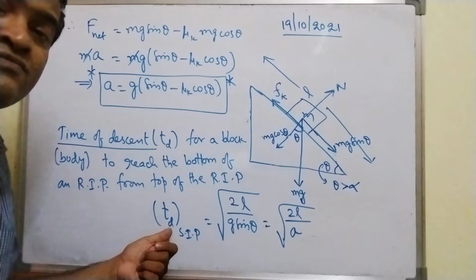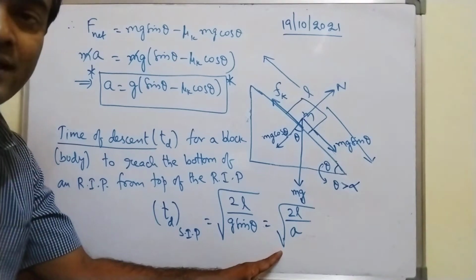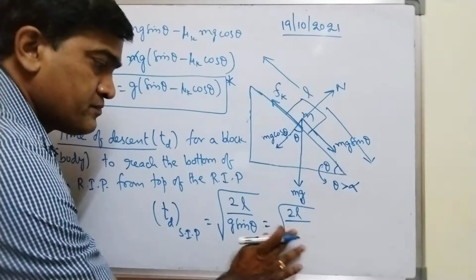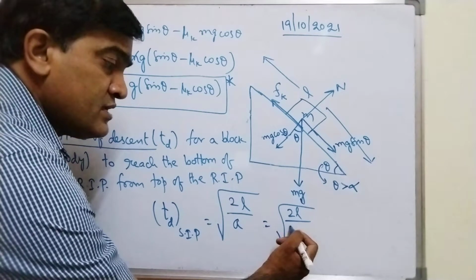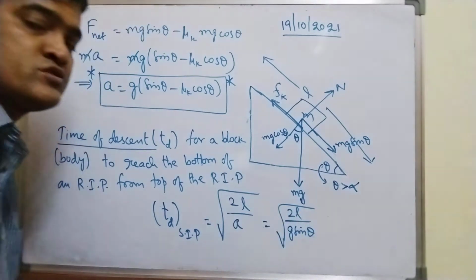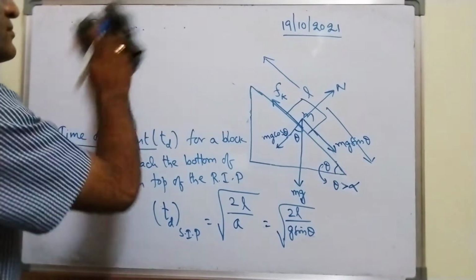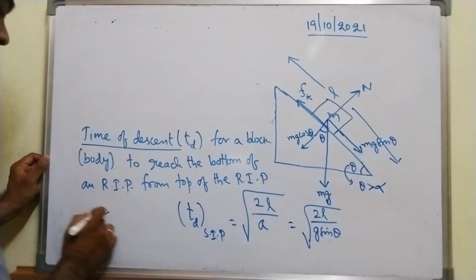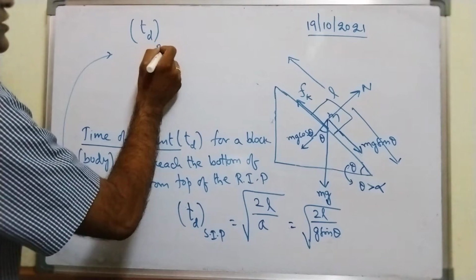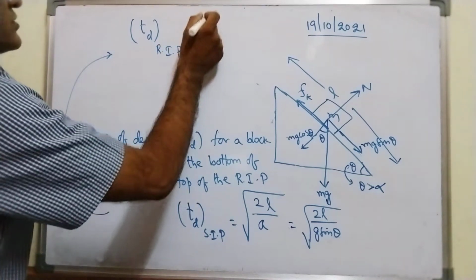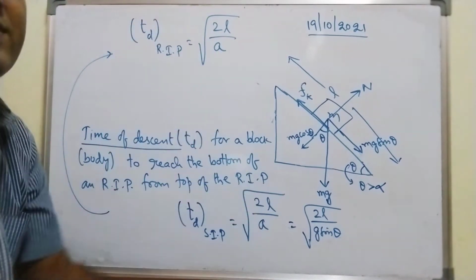Therefore, the time of descent is root over 2L by A, the general formula, 2L by net acceleration, where A is the net acceleration down the rough inclined plane.